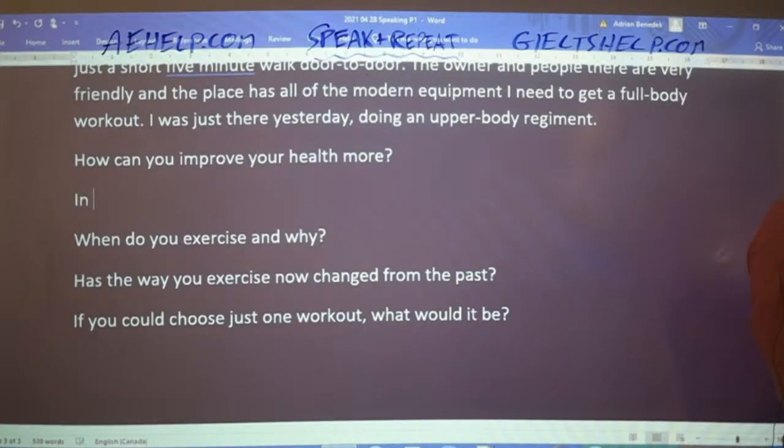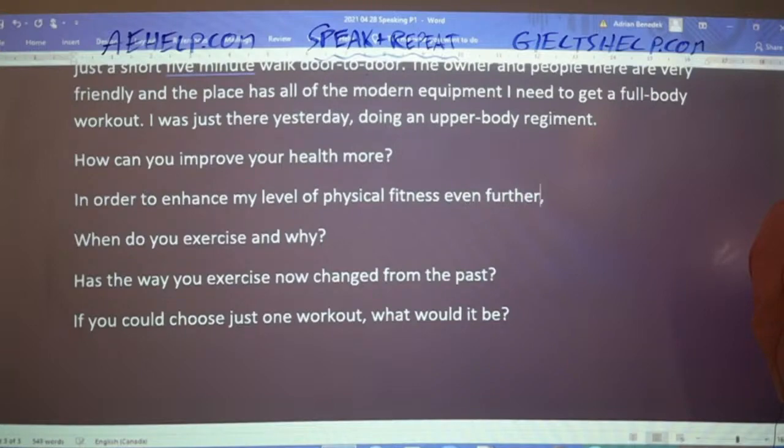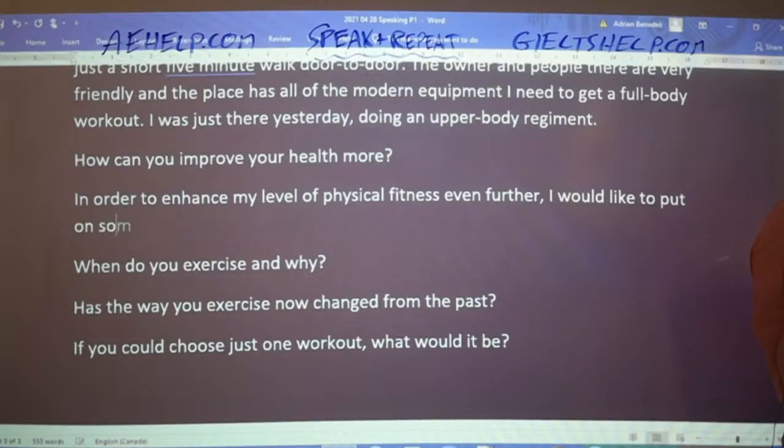Yeah, so, in order to enhance my level of physical fitness even further, I would like to put on some more muscle mass and cut my body fat even more.